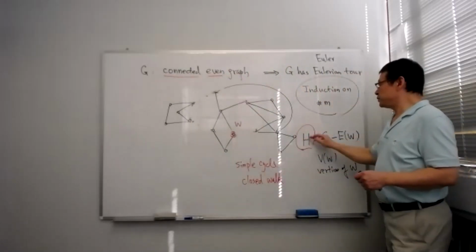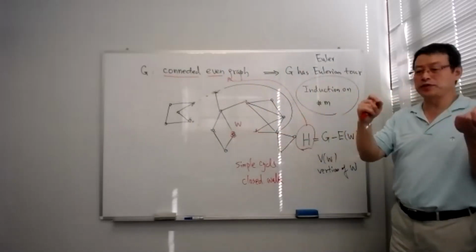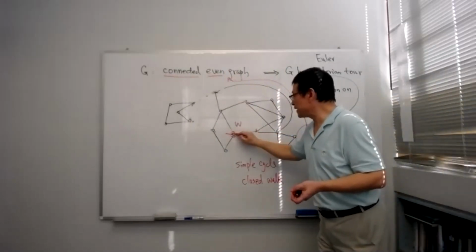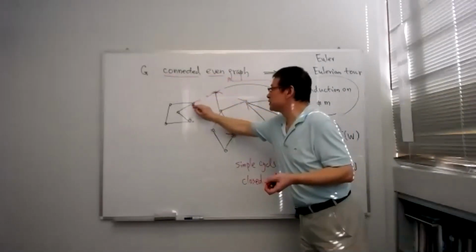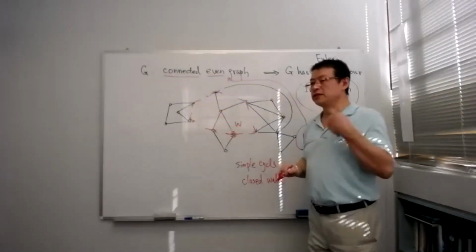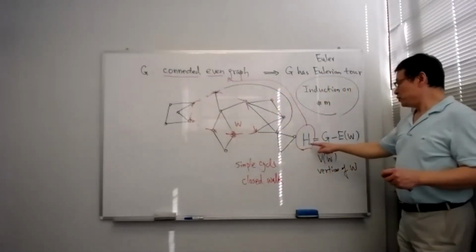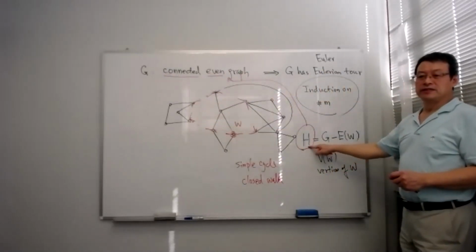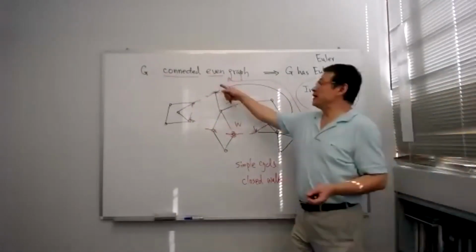Certainly H is still an even graph because for each vertex, I take out two edges each time. But however, H may not be a connected graph. So we cannot use the induction hypothesis on H because it may not be connected.